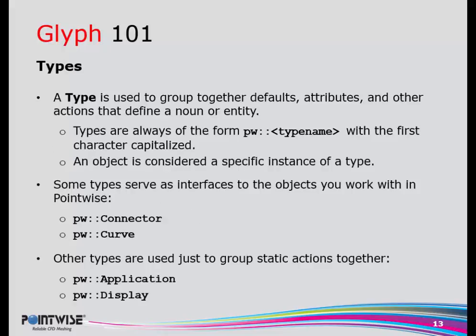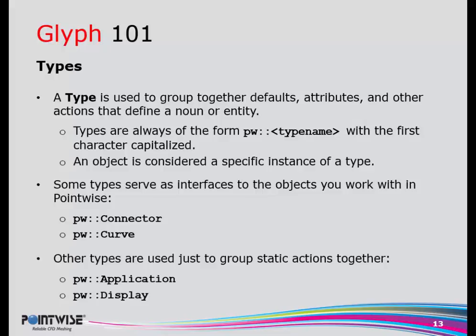So again, we have the object con, the action set name, and then what we want to change its name to, which is wingtip. So what's a type? Well, a type is used to group together various actions. They could be defaults, attributes, other actions that define that noun or that entity. They're usually of the form pw::. There's some that are of the form pwu::, and they're followed by the type name, and the first letter is always capitalized. And the object is an instance of that type.